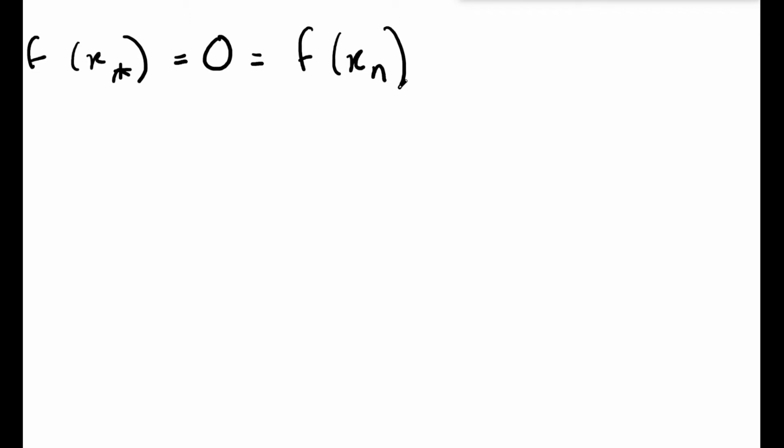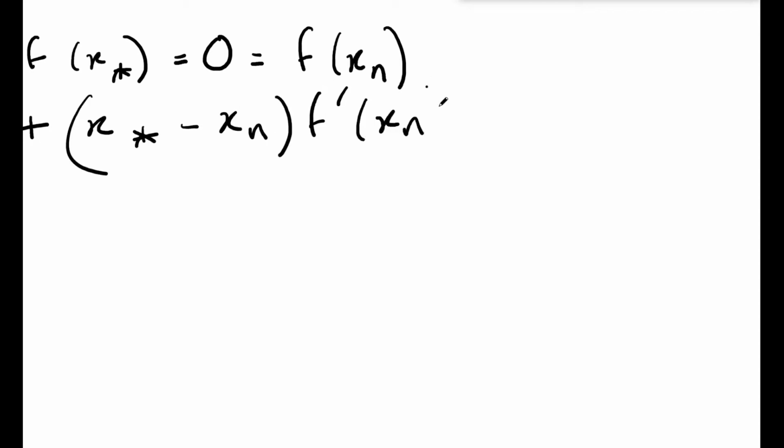If you imagine you're starting at xn and trying to find the value of f(x*), which is of course also 0, we use that fact. And we had these terms, the first derivative, and then the terms (x* - xn) squared.